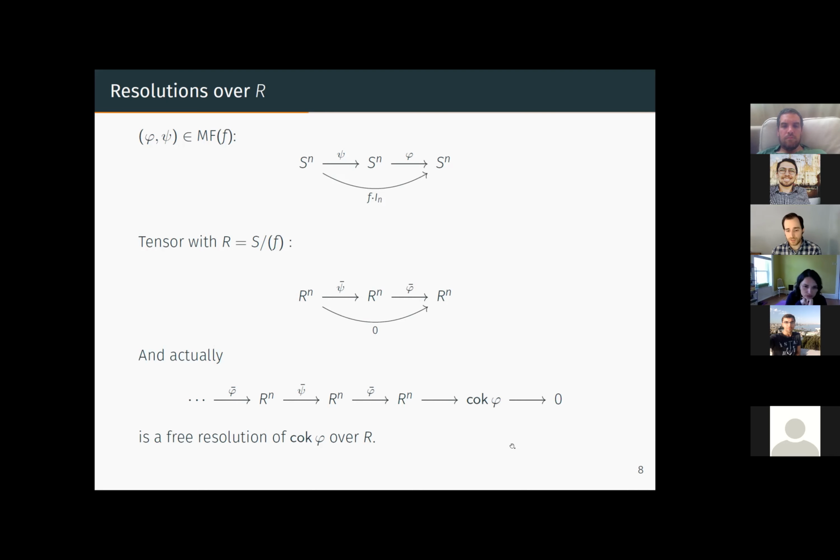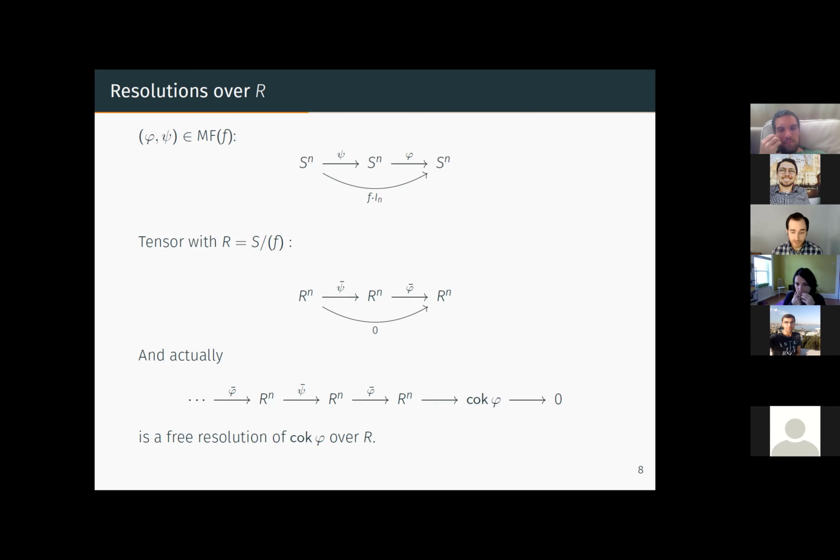For example, if you truncate it here, you're getting a resolution over R of the co-kernel of phi. That's Maximal Cohen-Macaulay over R. Even better, again, all things that Eisenbud wrote down, is that if you start with a reduced matrix factorization, then this is actually the minimal free resolution of the co-kernel. So this is great.